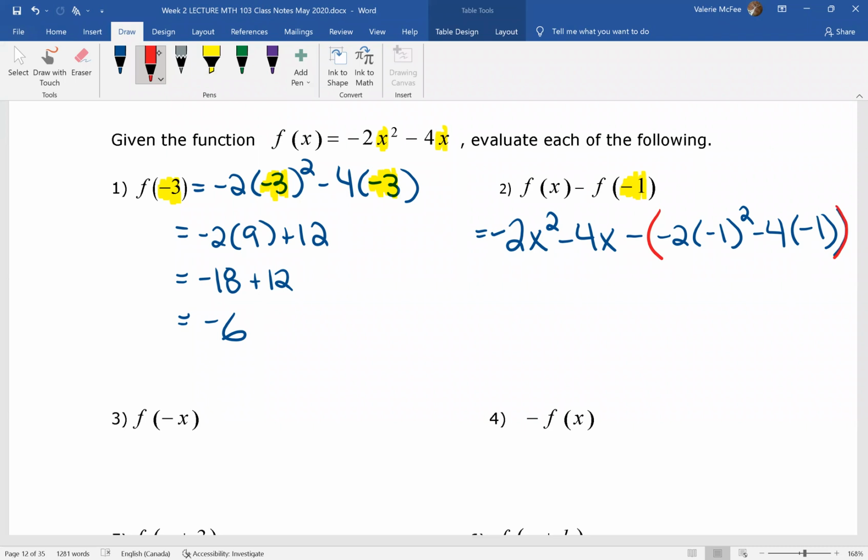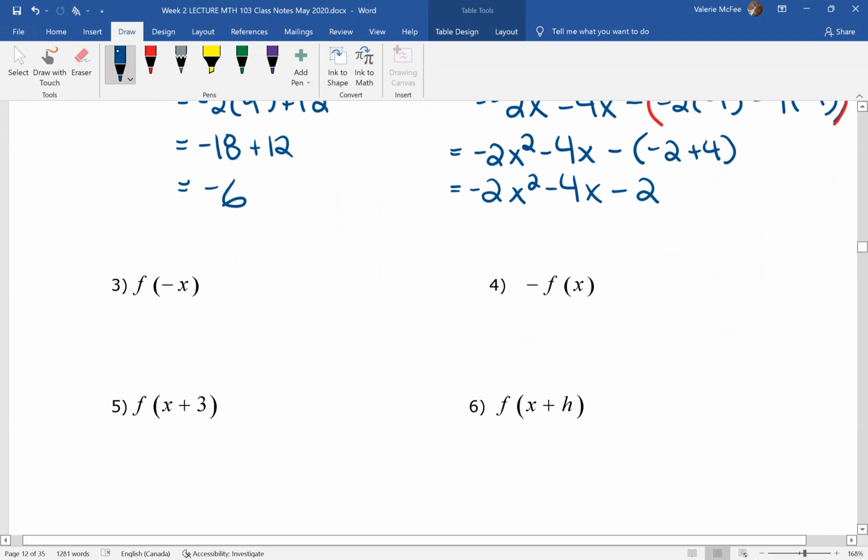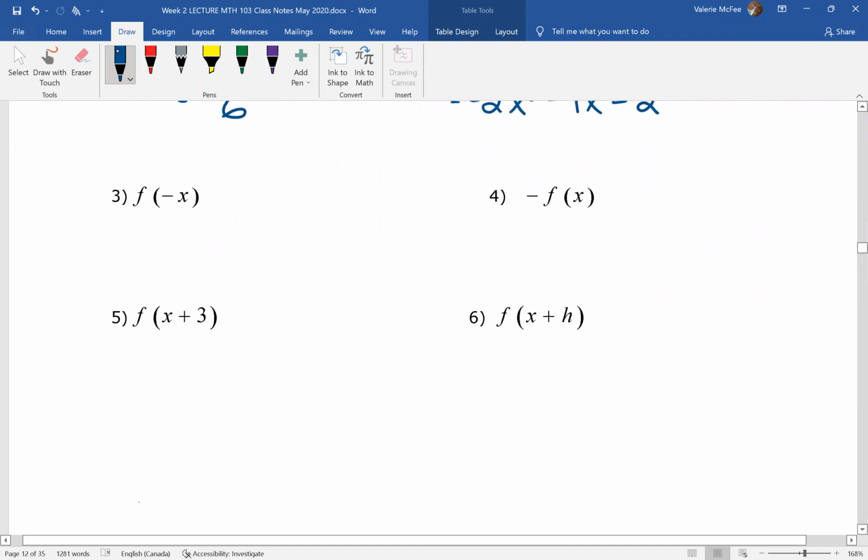Can you simplify that? You simplified inside the brackets first. We finished with -2x squared minus 4x minus 2. In question 3, we're asked to find the f of -x.